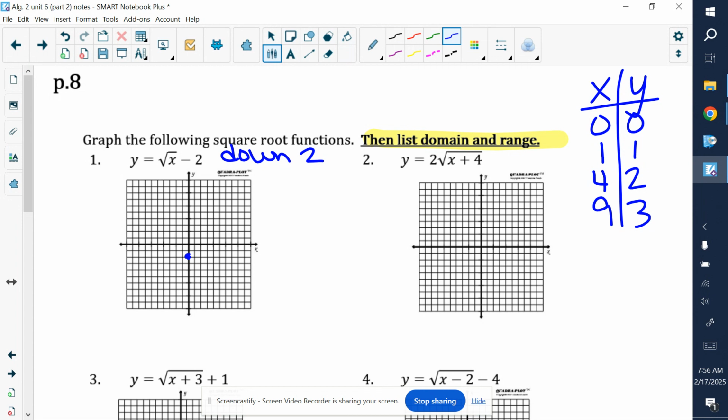Maybe I'll make that red. That's my new 0, 0. From there, we're going to go over 1, up 1. Back to my 0, 0. I'm going to go over 4, up 2. Back to my 0, 0, over 9, up 3.